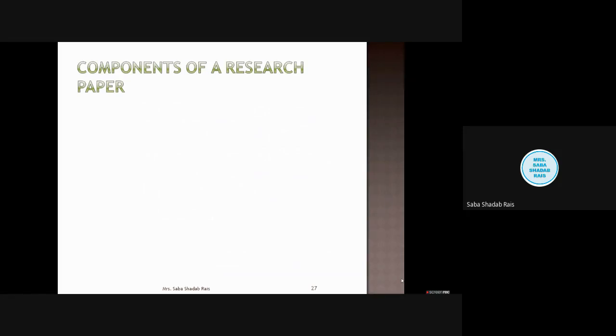This will be very helpful for you because when you do your research in TY, you will have a complete project. In that project, after completing your work, you have to write a report.